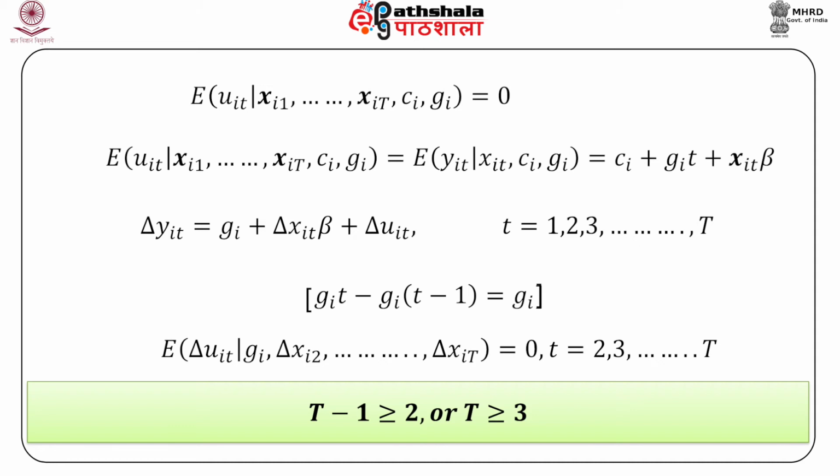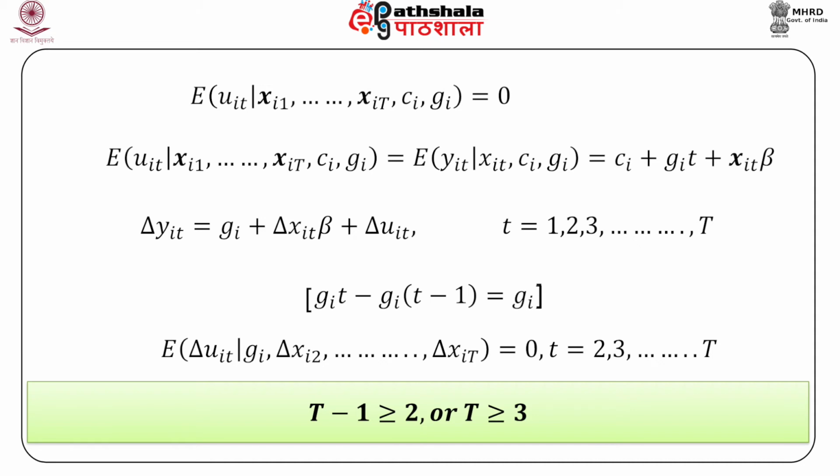Therefore, in order to estimate beta, fixed effects or first differencing methods can be applied to equation 12. In differencing the equation to eliminate Ci, we lose one period, so that equation 12 applies to T minus 1 time periods.